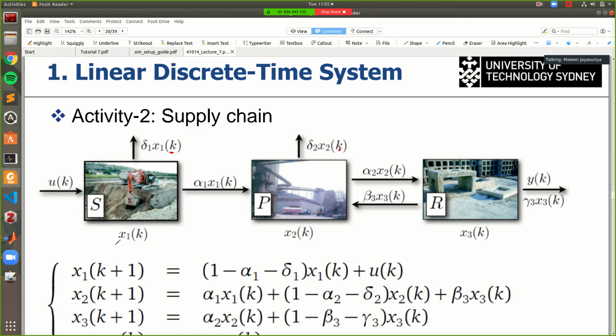So here, for example, you would have x1k, maybe it's the amount of raw material that you dig up from the soil or whatever, right? And then x2 will be some sort of intermediary step between a cinder block and your raw material, and then your final output will be your cinder block, and then you'll have some sort of intermediary step here as well, right?